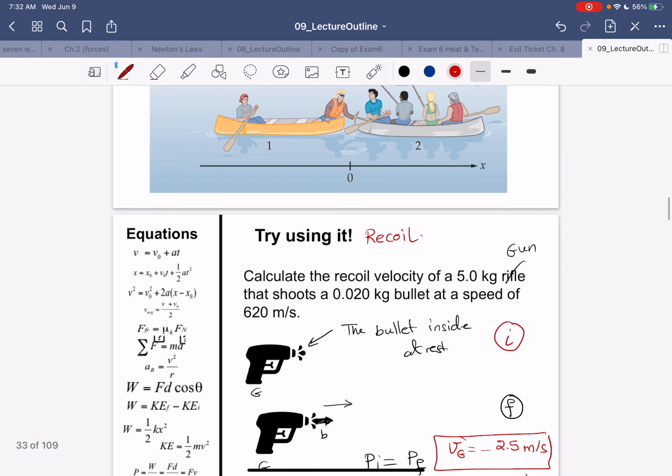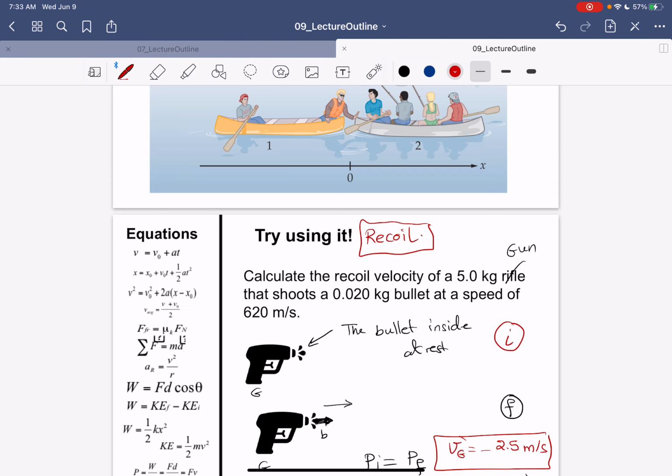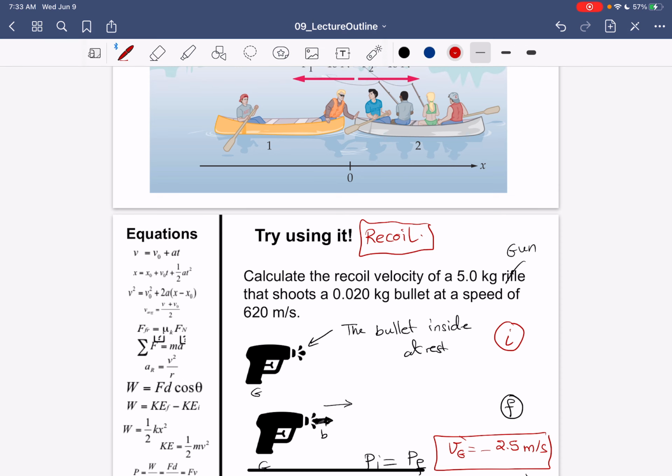Now here, I will start solving problems on these systems. One of them, I like to call a recoil. These are problems that we are going to find all the way through. Say I am a swimmer jumping into a raft, and then I will have a recoil problem. Or I have to fire a bullet from a rifle or from a gun.